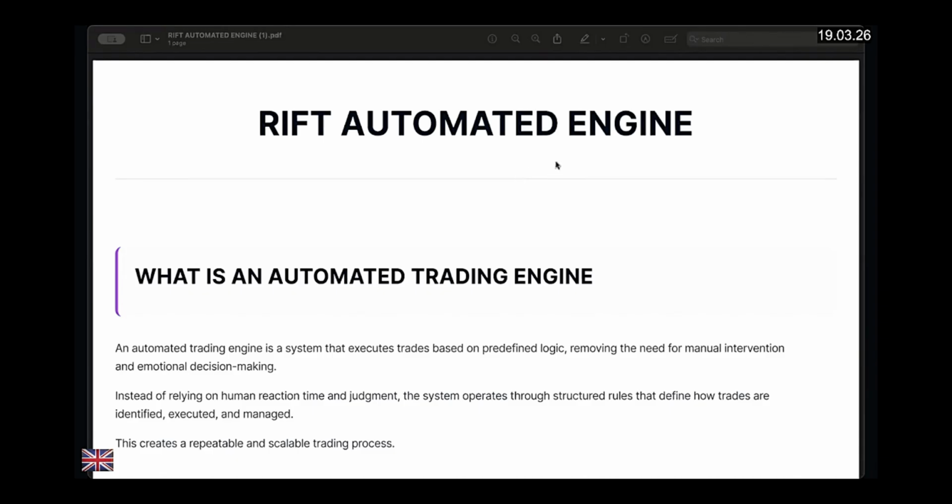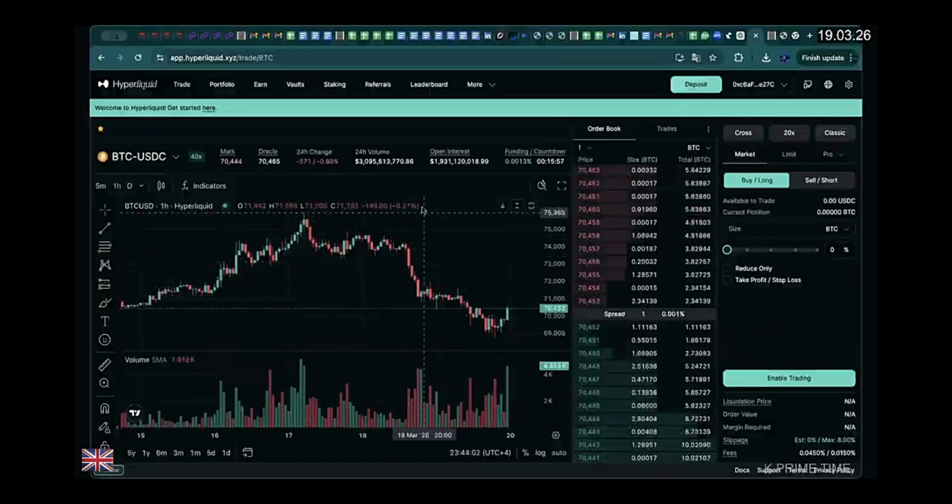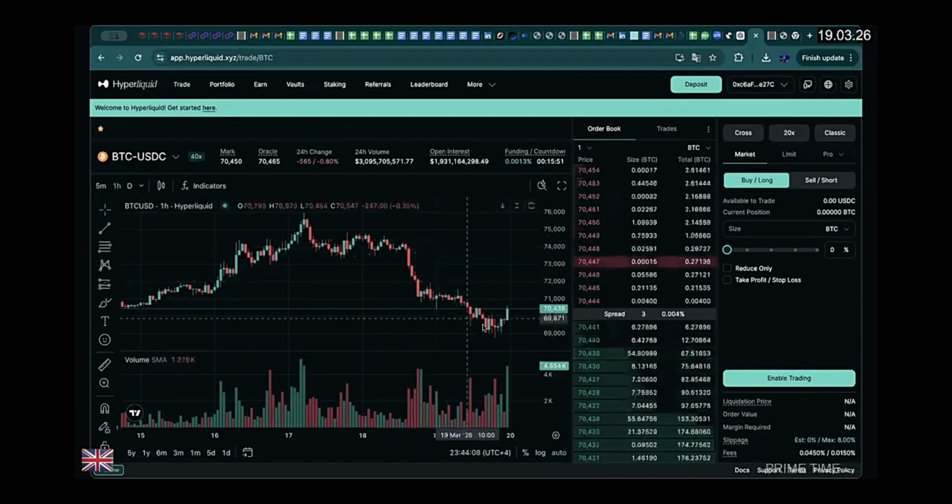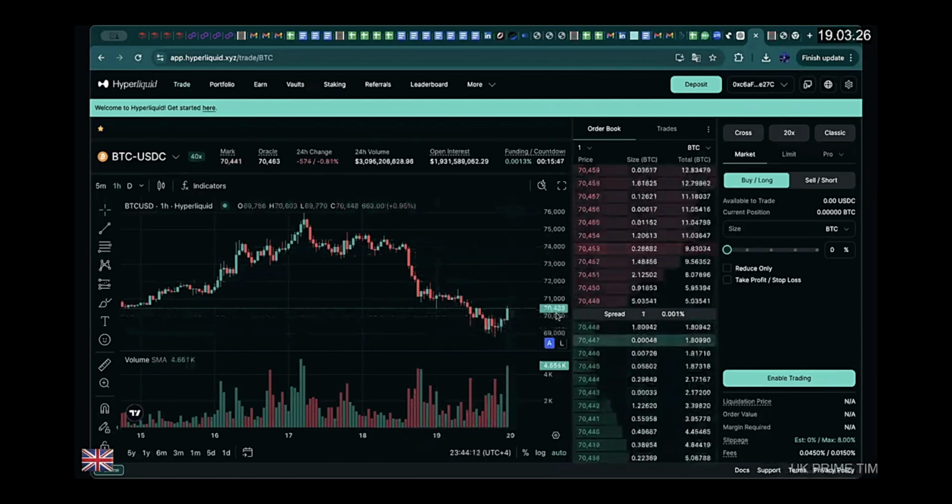If we look at the Bitcoin chart now and look at the price of Bitcoin, it is 70,465. It shifts in seconds. Now it is 448, 452, 449.